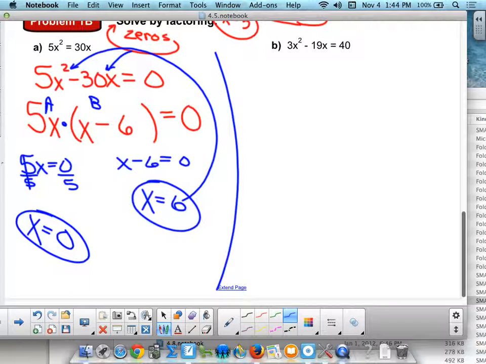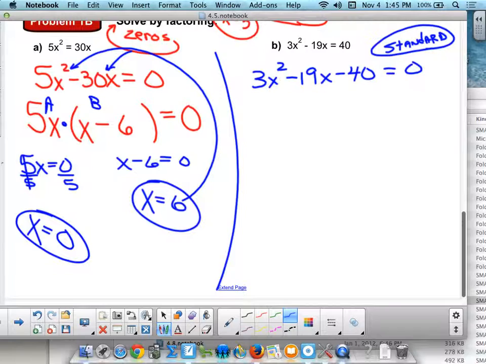This is all good, you factored. Oh, I see what you're doing. Okay, I'm sorry. That's good, you factored it correctly, but you haven't pulled up the zeros. You've got to pull up the zeros. Standard form right there, that's standard.